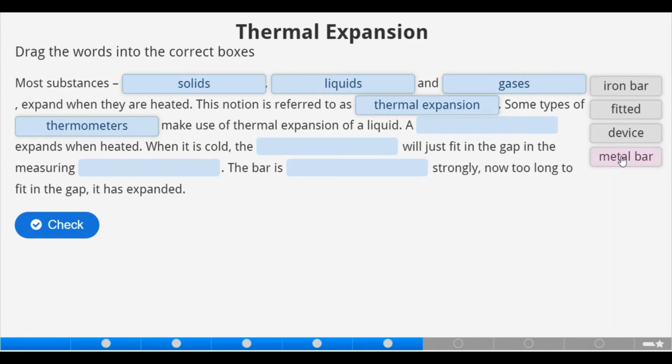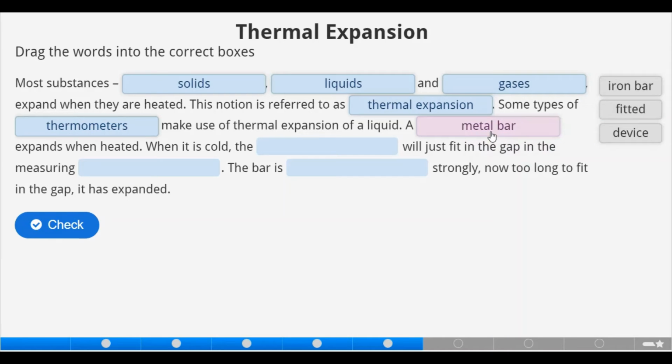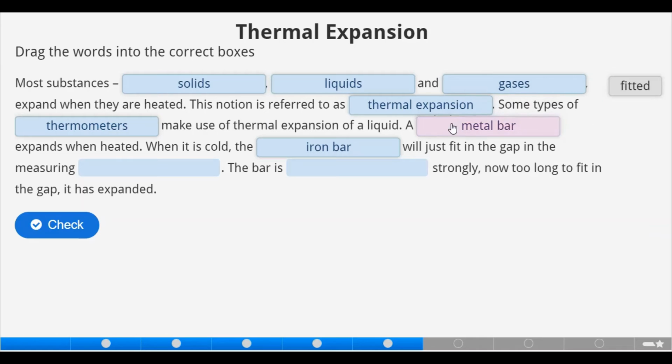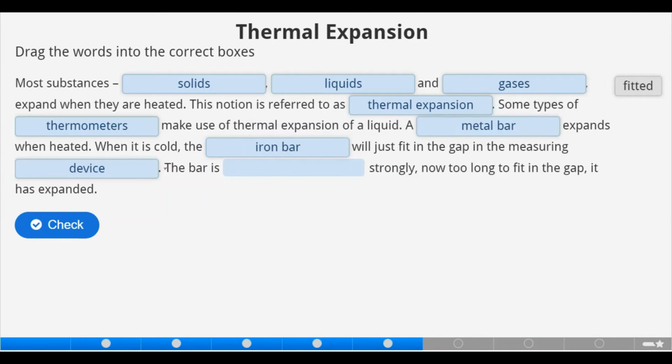A metal bar expands when heated. When it is cold, the iron bar will just fit in the gap in the measuring device. That is when we are dealing with the expansion and the contraction of a metal bar and an iron bar.